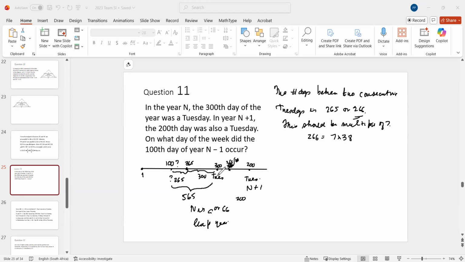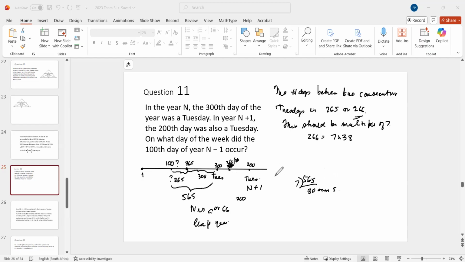Now, how many sevens are there in 565? 565 divided by 7, you get 80 remainder 5, which means that if I add 2 to this, it'll be a multiple of 7. Remainder 5, you see. So if you add 2 to this, it'll be remainder 7. So it's 80 plus 1. So 567 is 7 times 81, you can see that.